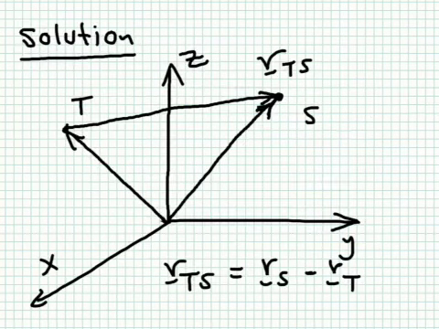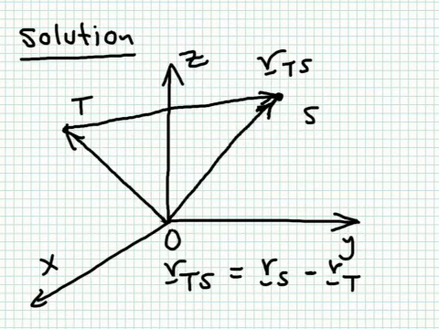This diagram will help you understand what's happening. This is the point T shown here to the left. This is point S. The vector RTS, the distance vector pointing from T to S, is equal to RS minus RT. And of course, the point here at the bottom is our origin. I drew T to the left because if you take a look at its coordinates, it has negative y.